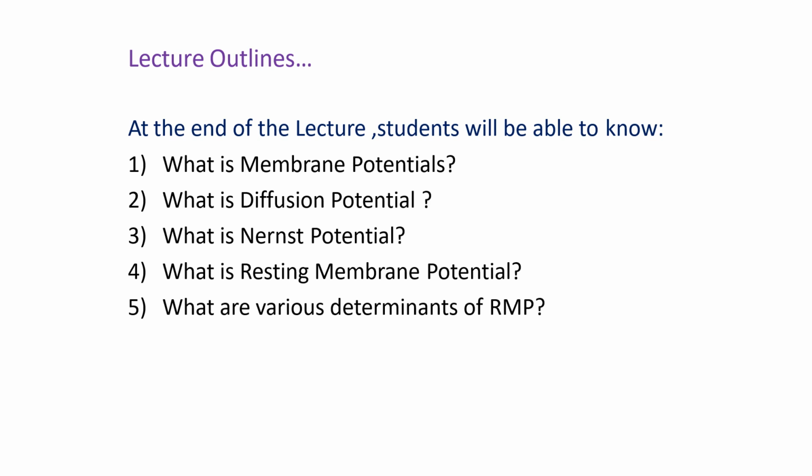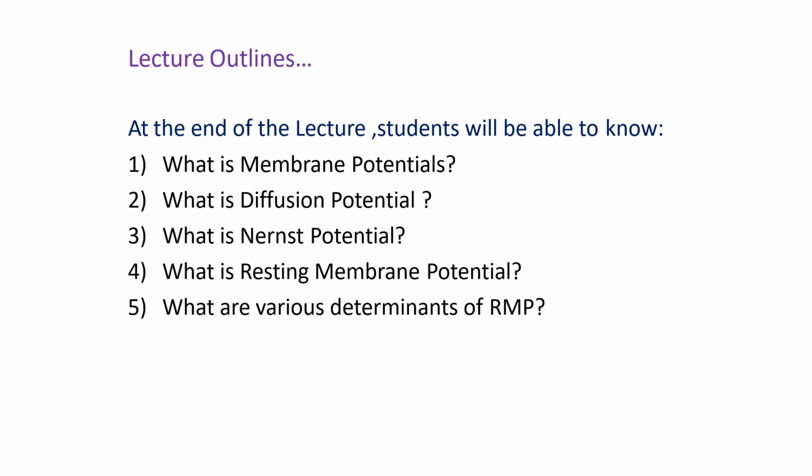So at the end of the topic, a student should be able to know what is membrane potential, what is diffusion potential, what is Nernst potential, what is resting membrane potential, and what are the various determinants of resting membrane potential. So all these potentials simply define only one thing, that is membrane potential.